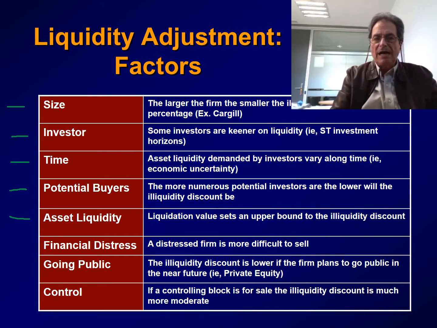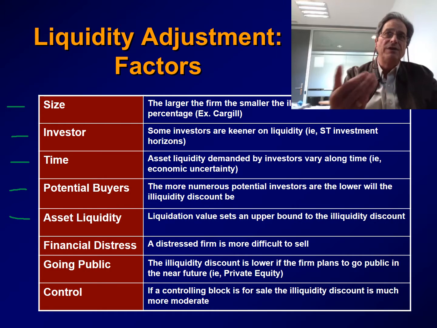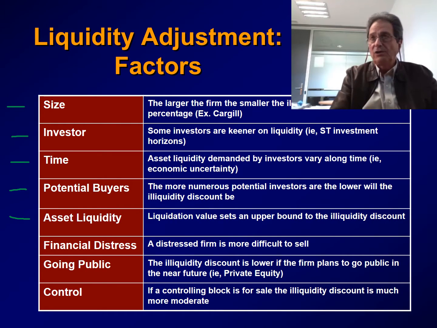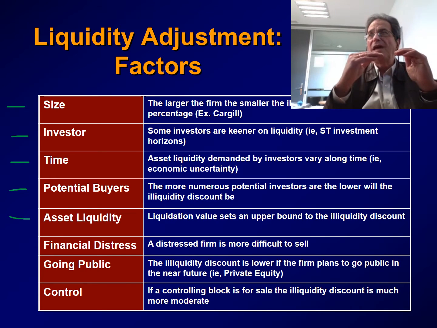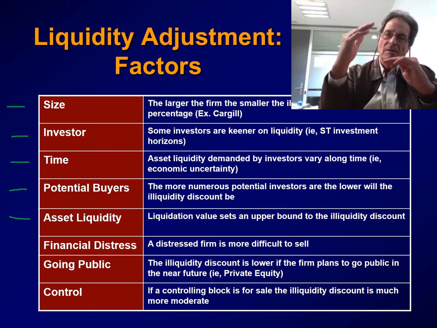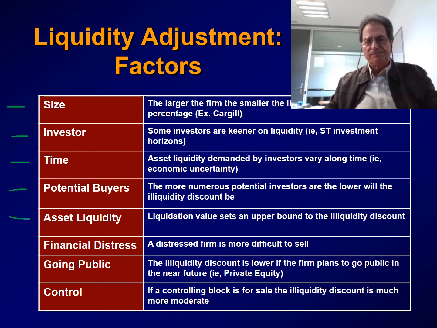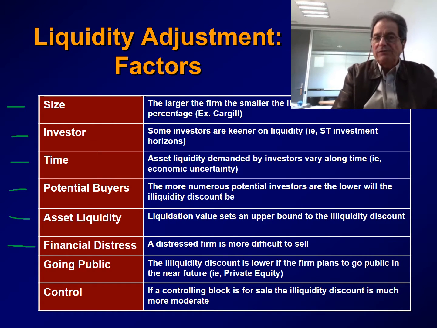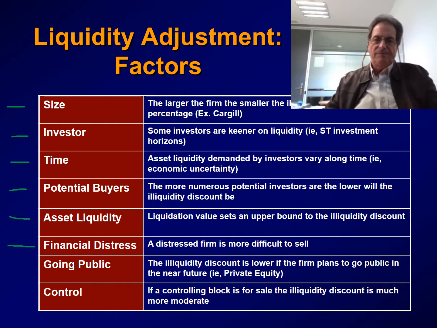If the company we are analyzing has some assets which are very liquid or are very easy to liquidate, like for instance securities or real estate assets which are attractive assets, then in general, the liquidation value of these assets will represent the minimum possible value of the company and will determine a maximum possible liquidity discount. Financial distress. A distressed firm is more difficult to sell.